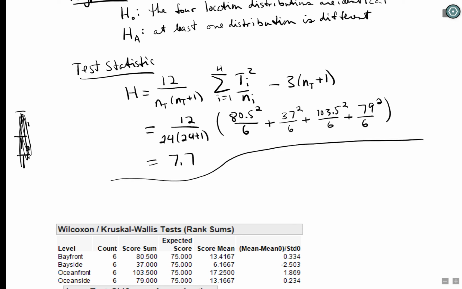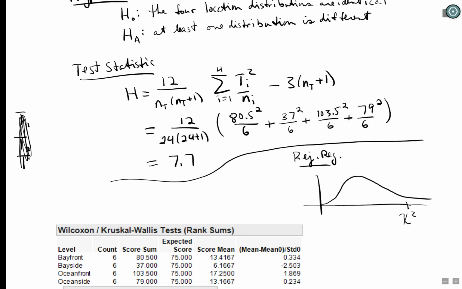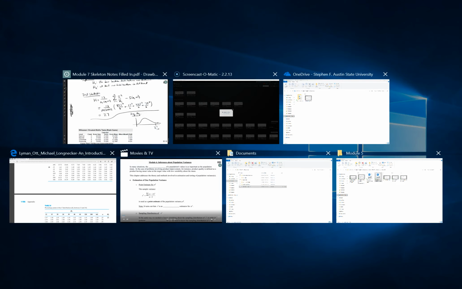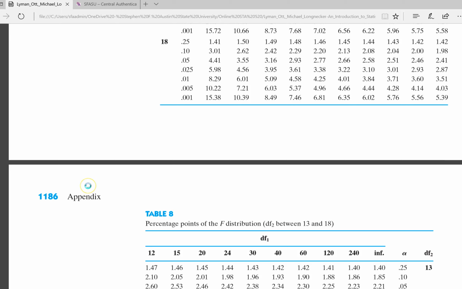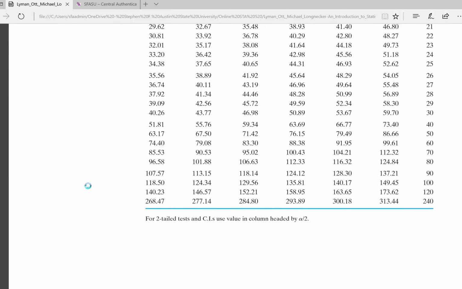If I'm looking at my rejection region, I've got a chi-squared distribution, so I'm looking at an upper chi-squared value, and my alpha that I chose here is an upper 10% value. If I look that up on the table, I'm going to go to my book real quick.